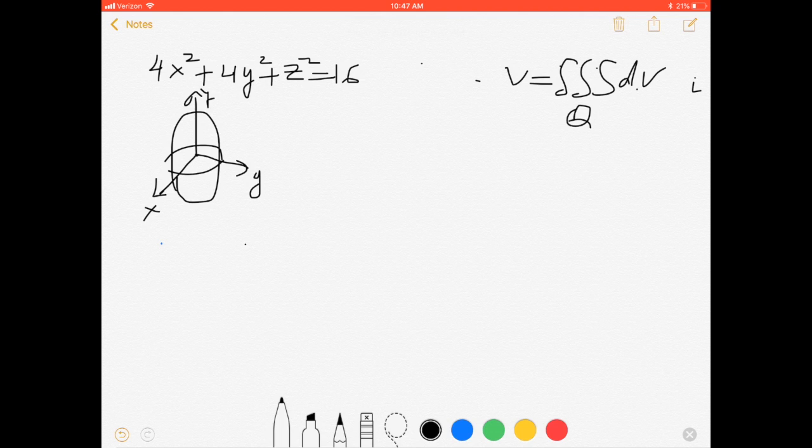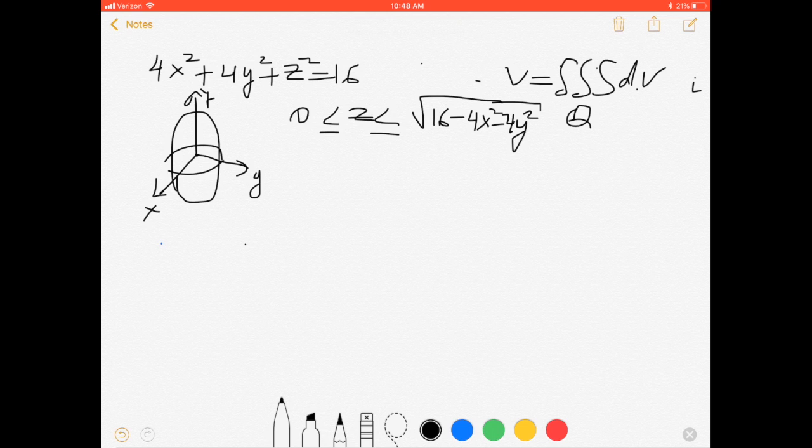Okay, how does our z change? Our z, because we're talking about the first octant, is non-negative, up to, if we solve this equation for z, the square root of 16 minus 4x squared minus 4y squared. How does y change?